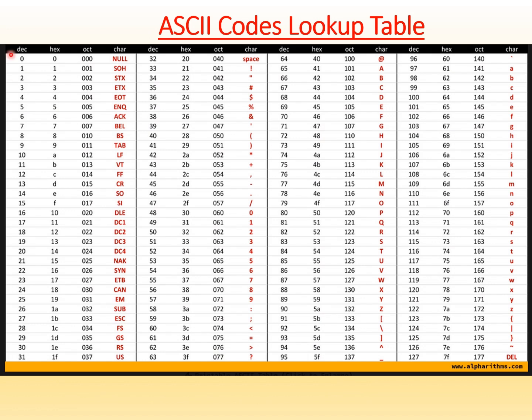So let's look at the ASCII codes table. It is called a lookup table. As I said, with 7 bits, you can generate 2 to the power 7 code words. All of them are listed here from 0 to 127, so a total of 128 code words. The first code word, 0, is assigned to null. Then decimal 10, or hexadecimal A, has been assigned to line feed. Let's see the numbers.